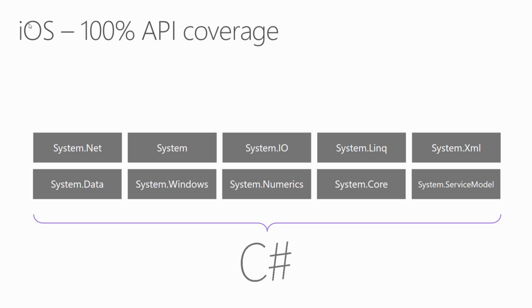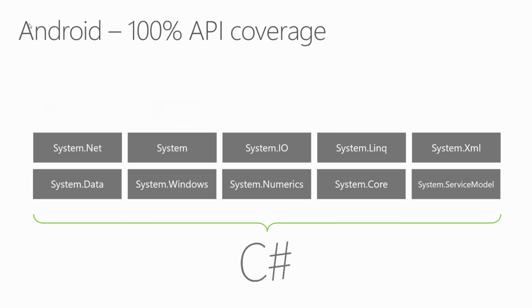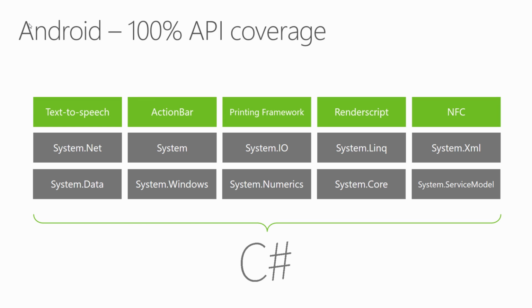So you get access to all that .NET goodness, but we create these C# bindings around every single API in iOS and Android. There's only a few examples here, but there are thousands of APIs in iOS. So iBeacon, UIKit, Core Graphics, Core Motion, you get access to all of them. And of course, exactly the same in Android: all of that .NET goodness on the bottom, and then Android-specific APIs, including everything in Google Play Services and the Android support libraries. I mean, everything is available to you.